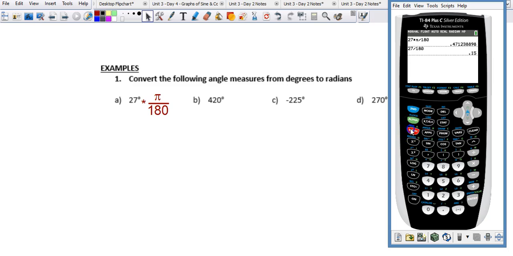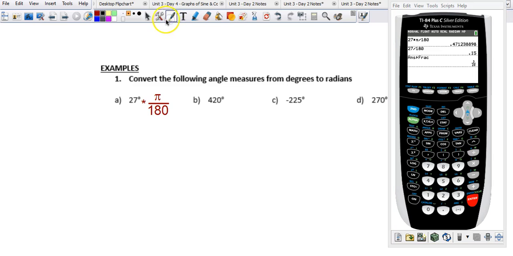And to do that, we're going to press math, enter. Math, convert that to a fraction. And you notice that fraction says 3 over 20. So, when you use your calculator, you're only going to type in 27 divided by 180. You're going to leave the pi alone.